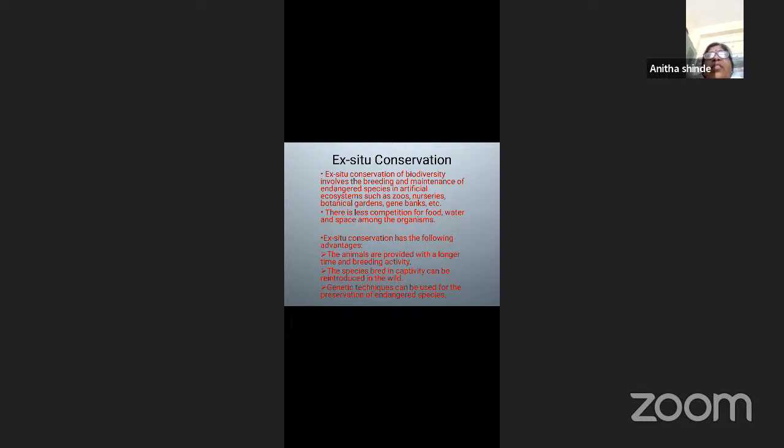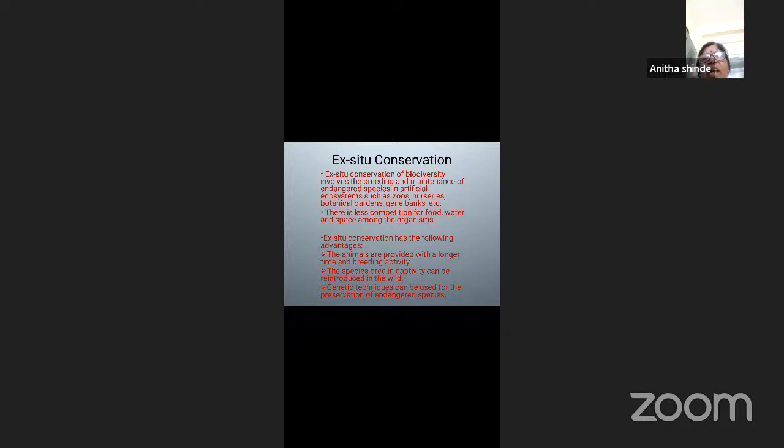So here, a very small number of organisms are kept, so there is less competition for food, water, and space among the organisms. We have to supplement them with food, water, and all those things, and very few organisms are taken into consideration, because we have to see that there won't be any competition.